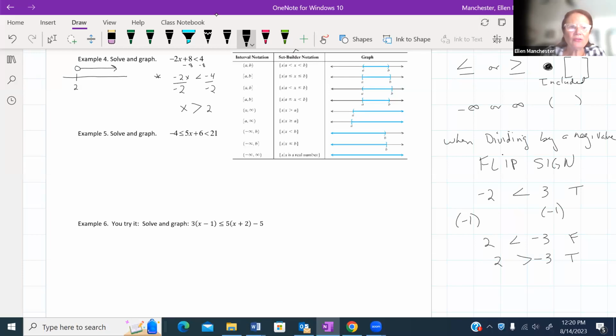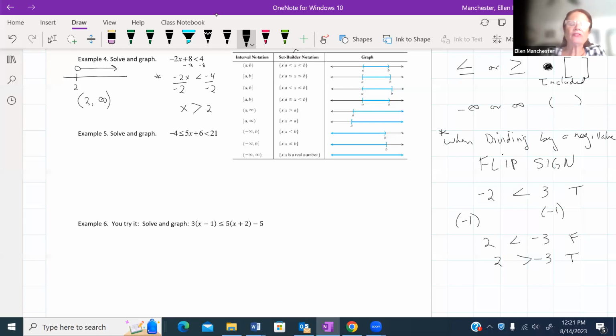In interval notation, it's a parenthesis, 2 to infinity, parenthesis. So there's 3 different ways to write your answer: this is interval notation, this is with an inequality, and this is graphically. The big change is when you divide by a negative, you have to flip the sign.